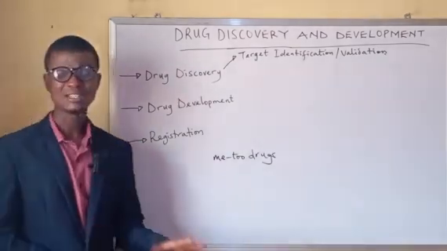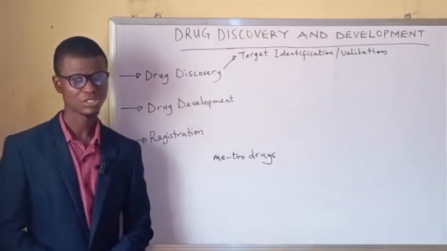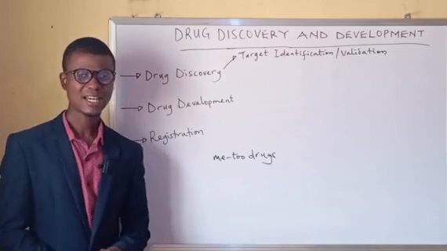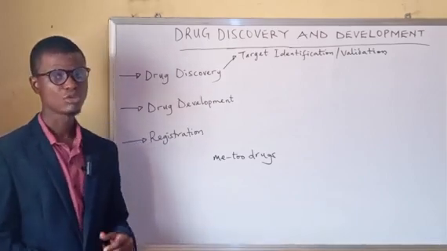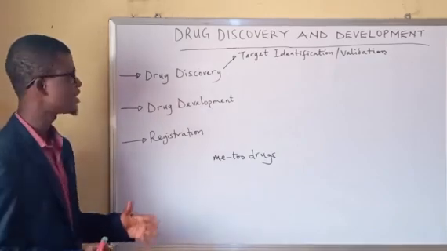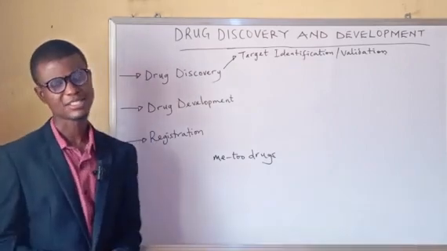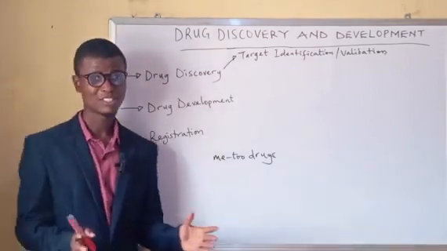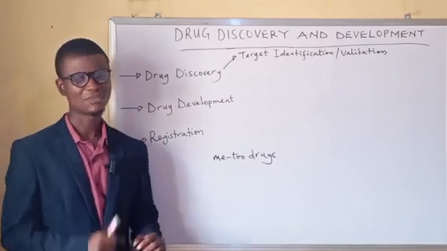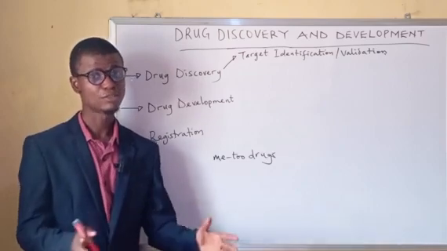So there are so many methods that are used in target identification and validation. Now, one approach to identify targets related to a disease is to compare the genetic makeup of a large number of patients living with the disease with a large number of normal patients, and then you identify which genes are consistently different in the two sets.